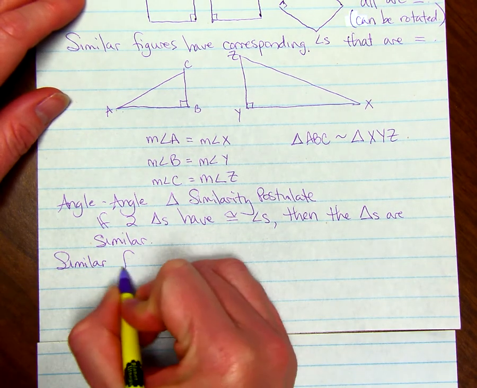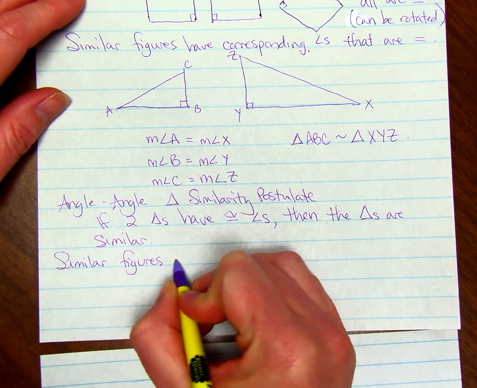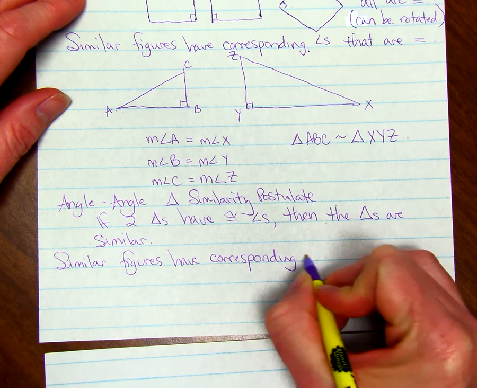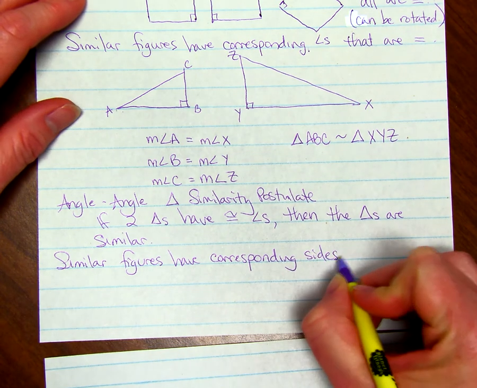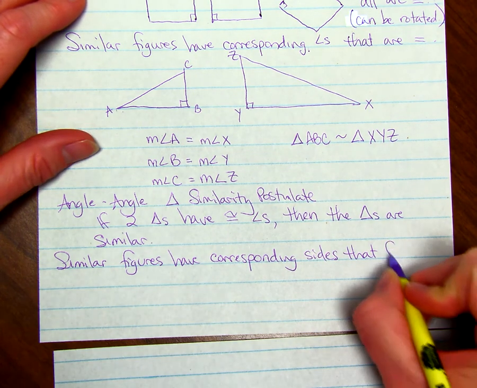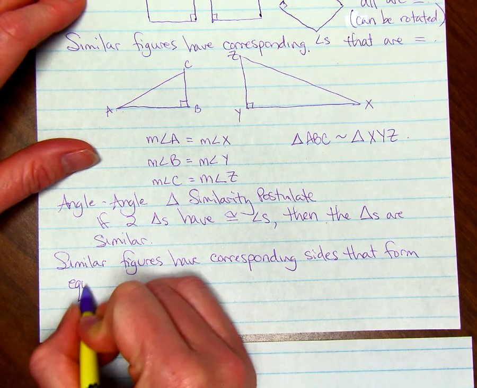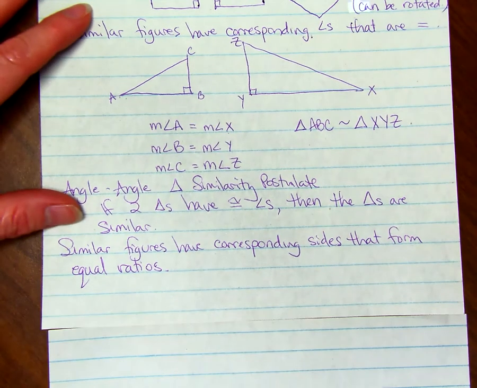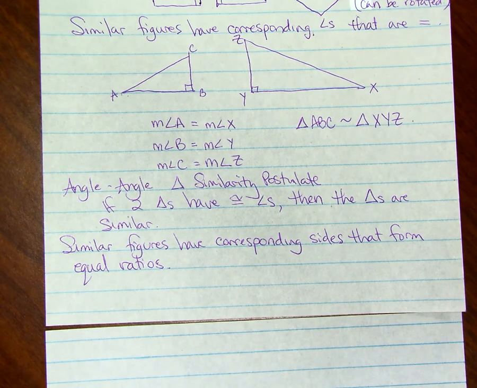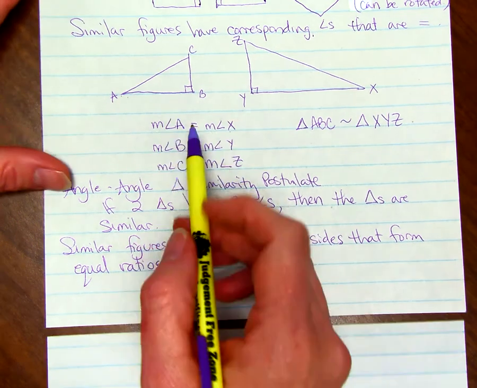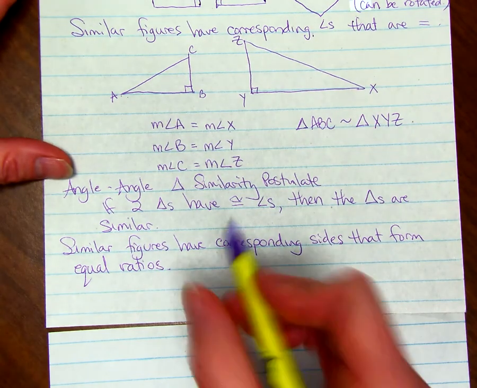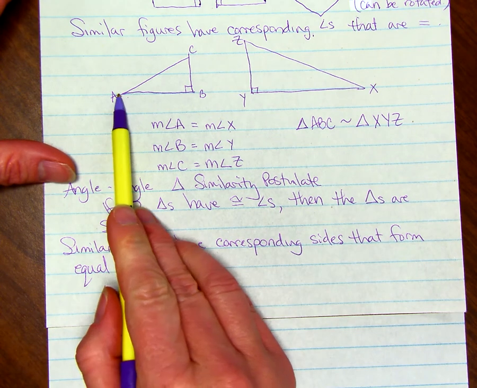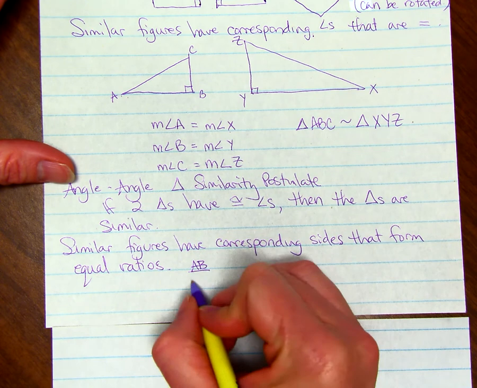Similar figures have corresponding sides that form equal ratios. And we learned a few days ago that equal ratios just means a proportion. That's just another way of saying proportion. So in our triangles above, we could say that AB over, and you have to get the order right, it's going to be XY.